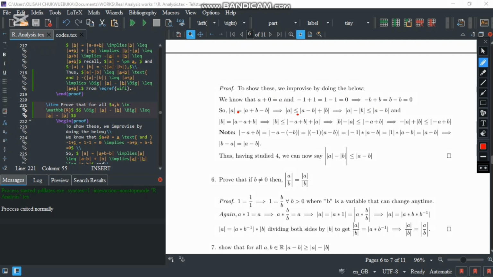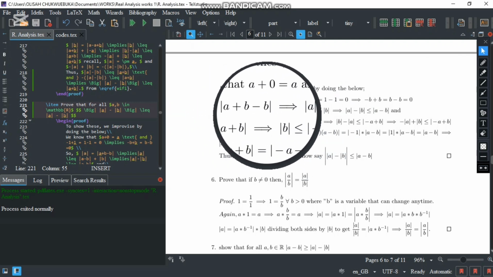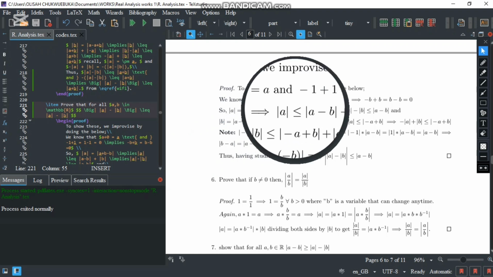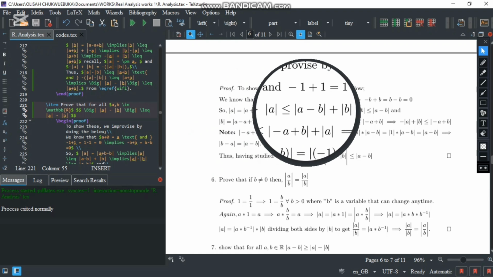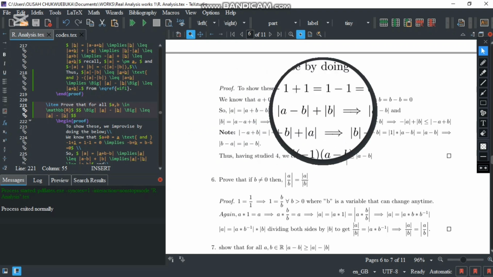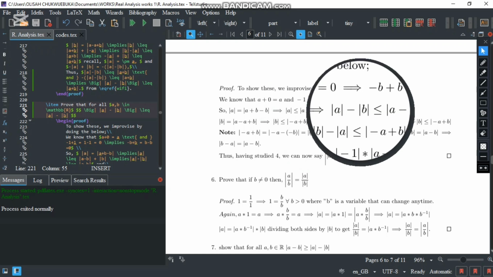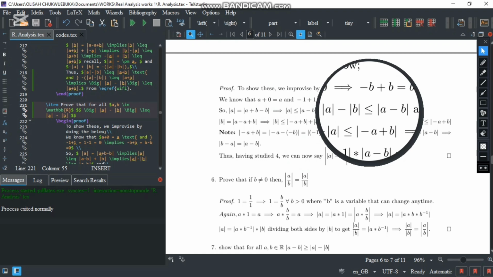So now I have that the absolute value of a is equal to the absolute value of a plus b minus b, which implies that the absolute value of a is less than or equal to the absolute value of a minus b plus the absolute value of b. So now that implies that the absolute value of a minus the absolute value of b is less than or equal to the absolute value of a minus b.